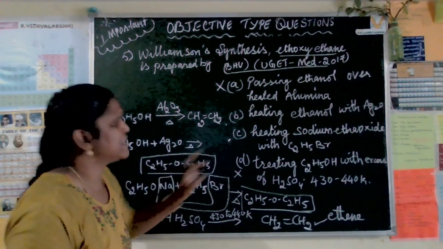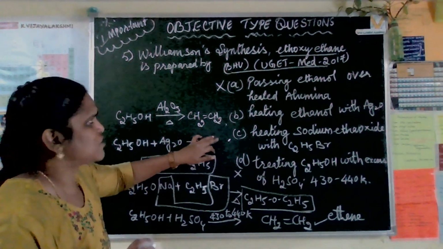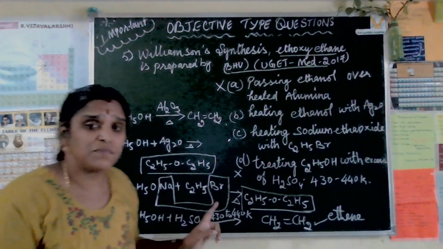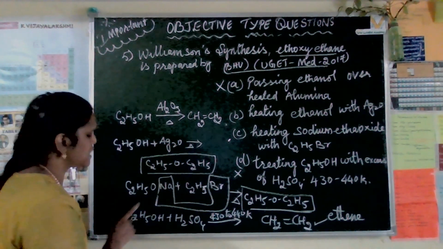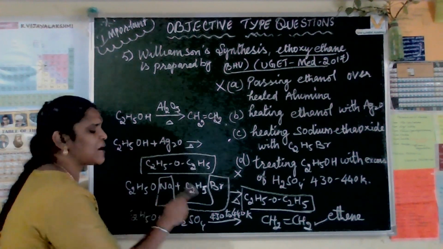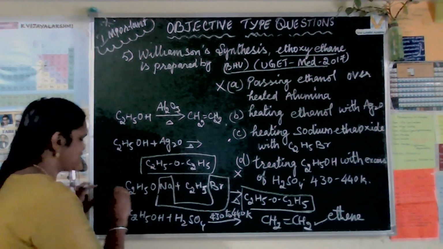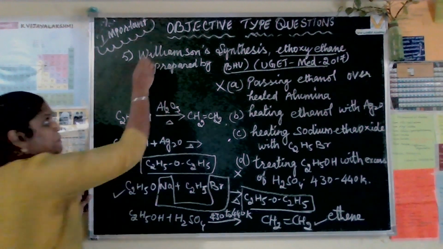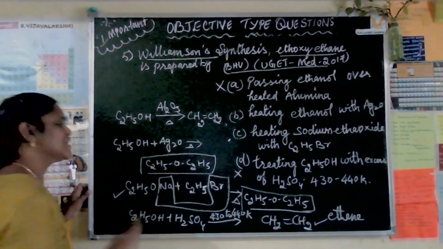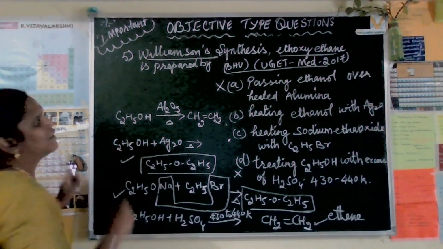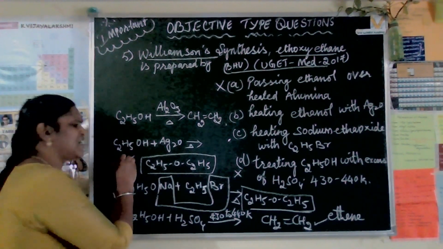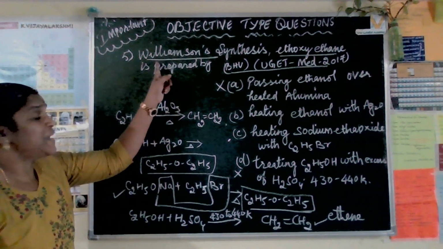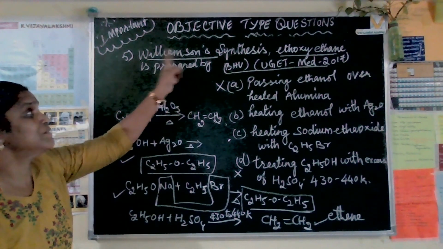Between B and C, which will be correct? According to Williamson's synthesis, it is sodium ethoxide combined with ethyl bromide. That is the Williamson synthesis, and they mentioned it as the clue. We get ethoxyethane in both, but the clue is Williamson synthesis.